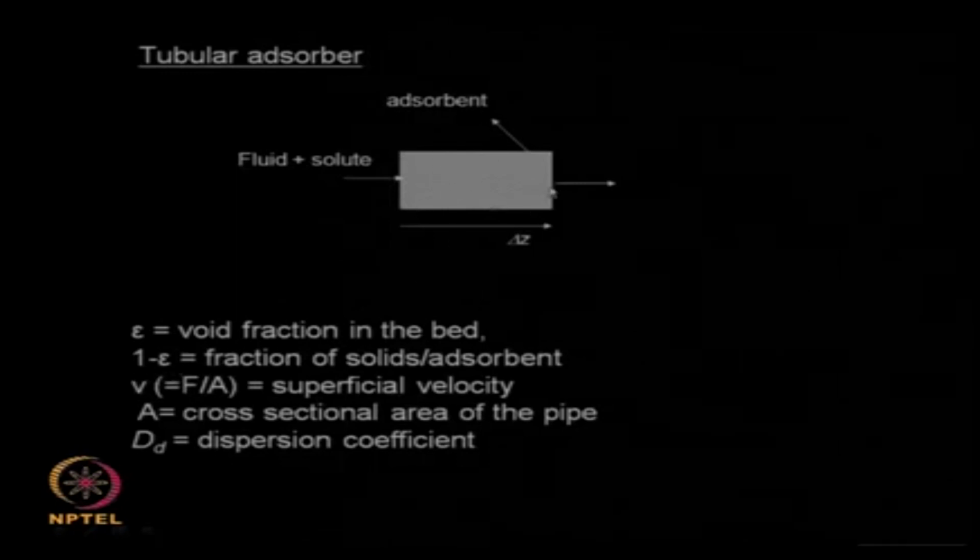So, 1 minus epsilon will tell you the fraction of the solids or the adsorbent.